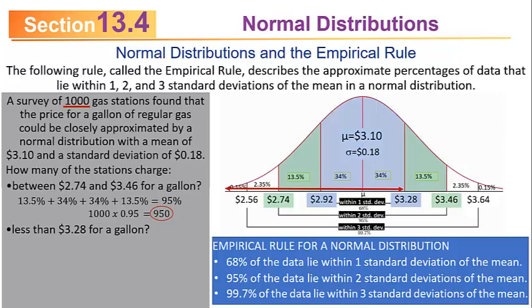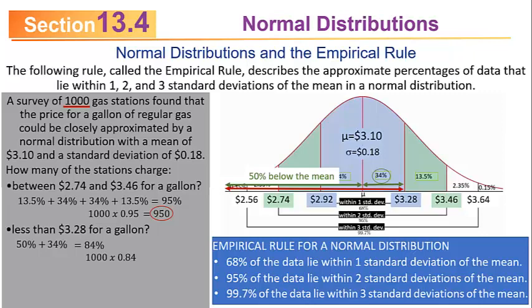Now you could just add up 0.15%, 2.35%, 13.5%, 34%, and 34% and do it that way. But you could also notice that if you just look from the mean all the way to the left, those numbers are going to add up to 50%. It'd save you a little time if you just realize that from the mean all the way back to the left, you're going to get 50%. So really all you have to do is add that 34% that wasn't included, and that'll get you there faster.